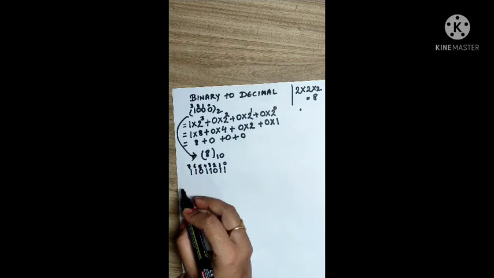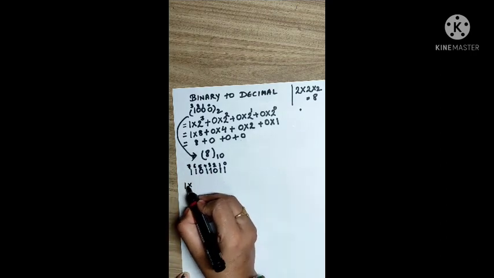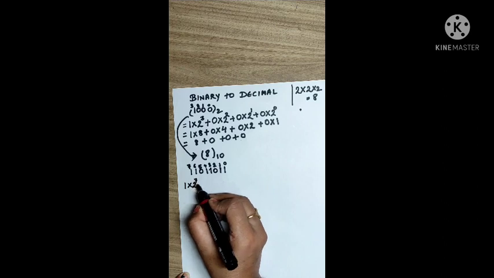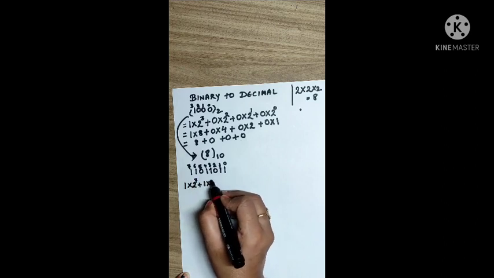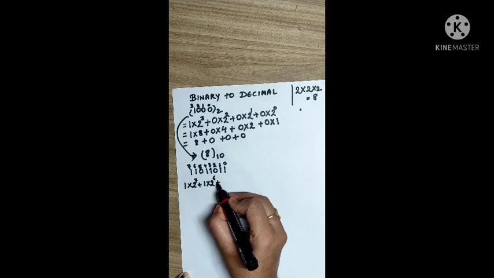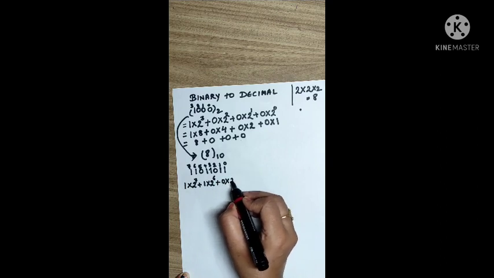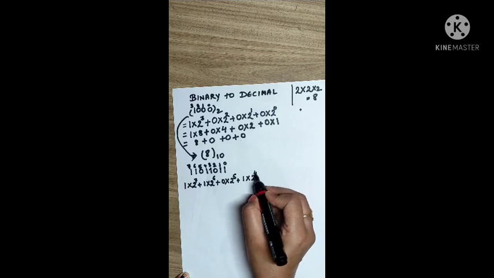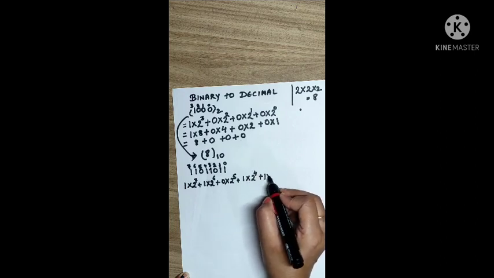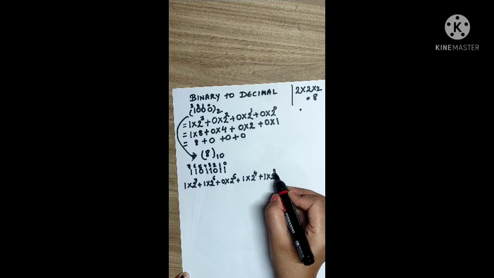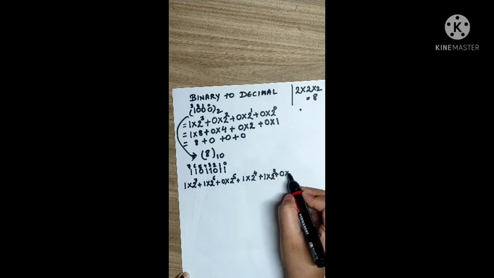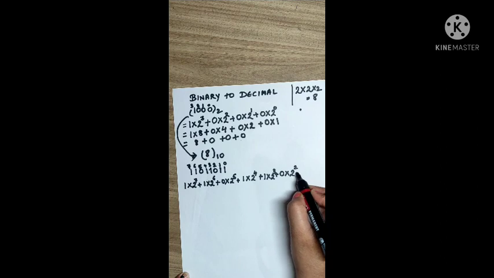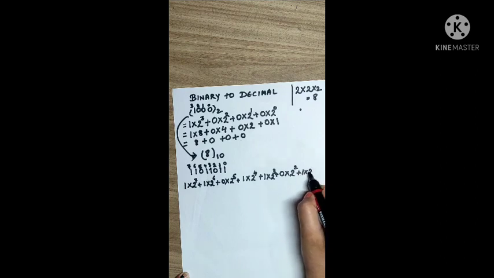Now start from the left hand side: 1 multiplied by 2 to the power 7 plus 1 multiplied by 2 to the power 6 plus 0 multiplied by 2 to the power 5 plus 1 multiplied by 2 to the power 4 plus 1 multiplied by 2 to the power 3 plus 0 multiplied by 2 to the power 2 plus 1 multiplied by 2 to the power 1 plus 1 multiplied by 2 to the power 0.